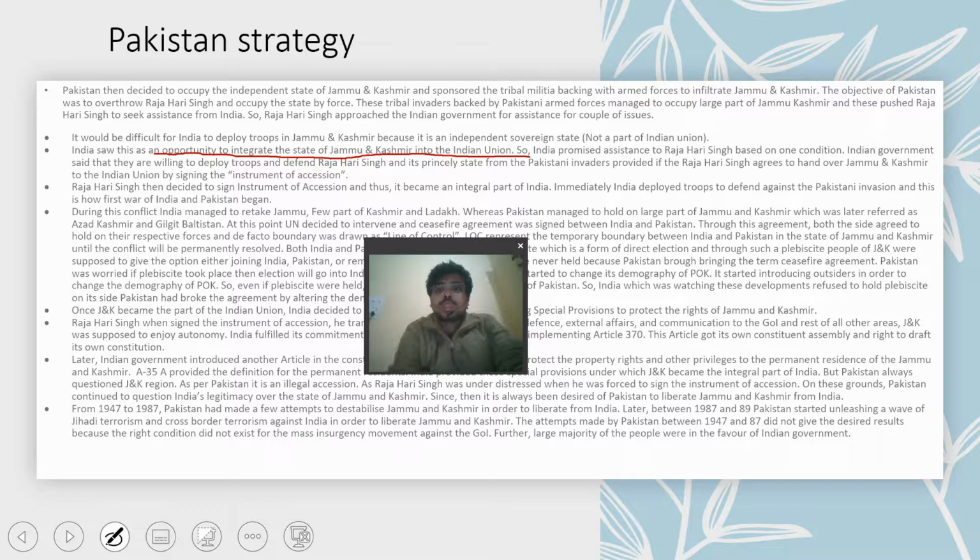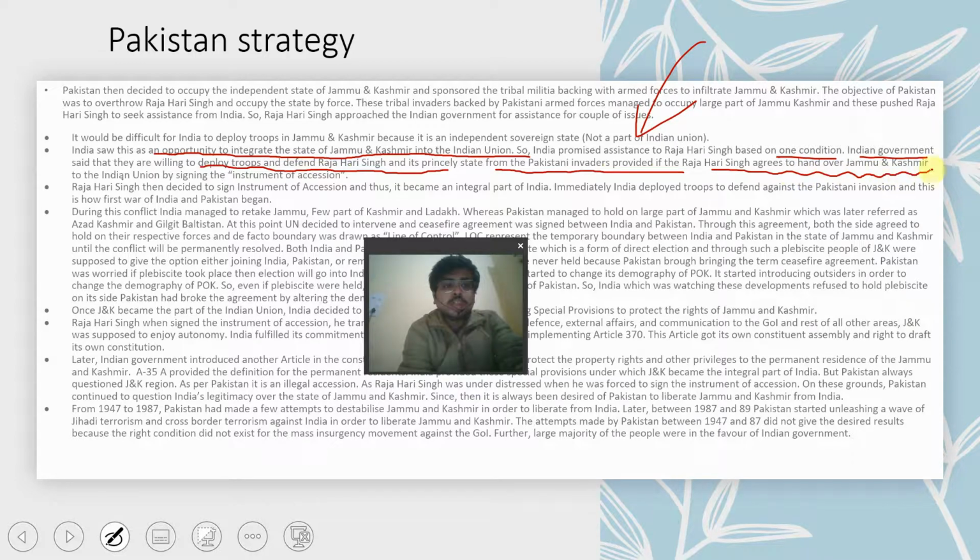So India promised, yes, I will give you assistance, Raja Hari Singh, based on only one condition. What was the condition? The Indian government said that they are willing to deploy their troops to defend Raja Hari Singh and his princely state from the Pakistan invaders, provided Raja Hari Singh agrees to hand over Jammu and Kashmir to the Indian Union by signing the instrument of accession.